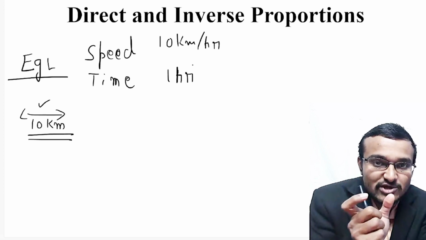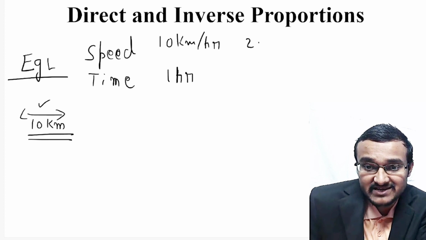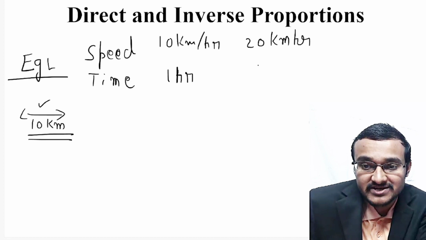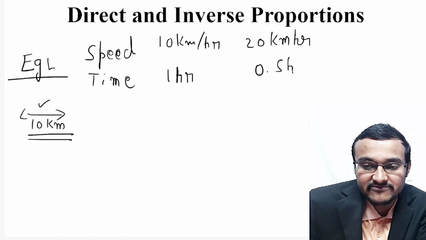Now if the speed is increased to 20 kilometers per hour, then the time will be reduced to 30 minutes, or half hour, 0.5 hour.